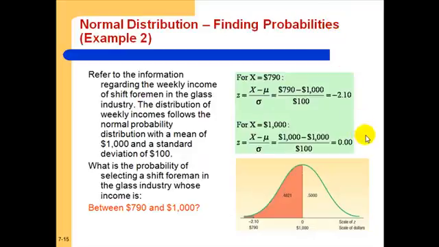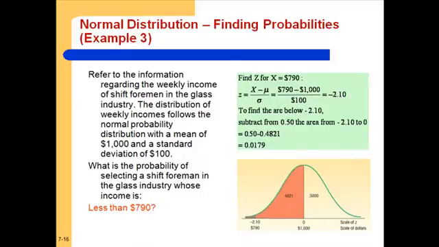Using the same method, in the z-table, we can find the area for the z of 2.1 is 0.4821. So the probability of selecting a foreman in the glass industry whose income is between 790 and 1,000 is 48.21%.